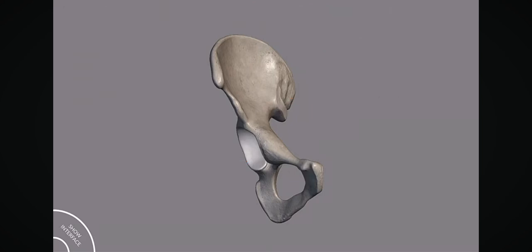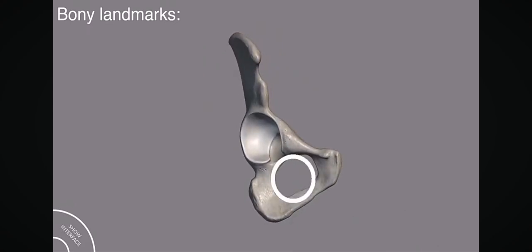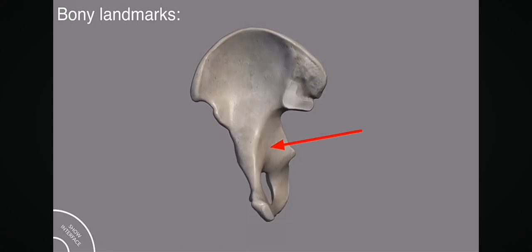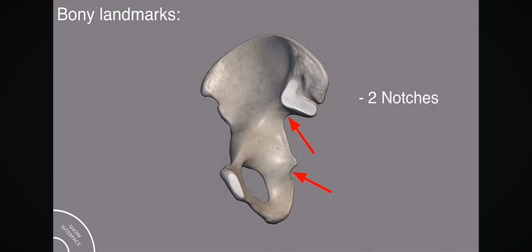Now let's come to the bony landmarks of the hip bone. This foramen on the hip bone you see is the obturator foramen. This is the body of the ischium. There are two notches on the posterior side.